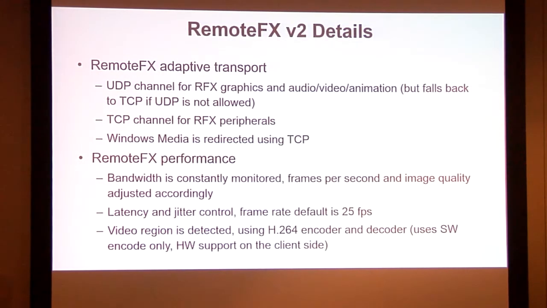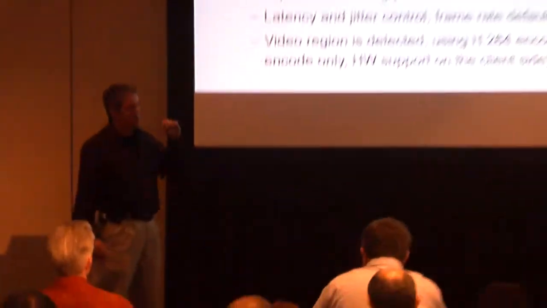That was introduced with RemoteFX version 2, which makes it a lot better compared to the previous version. They also monitor latency and jitter, and the default frame rate is 25 frames per second. The video is based on H.264 encoding and decoding technology, so they're using rather standard things that they modified to make it work better for their particular requirements.